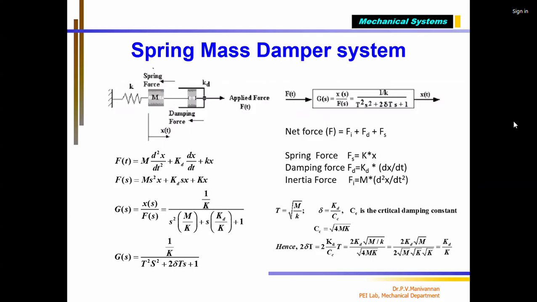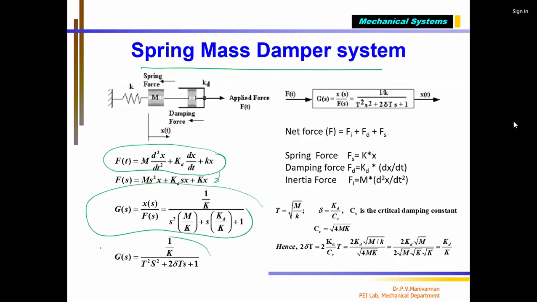Then we saw the spring mass damper system. Three elements are connected, so we are increasing the number of components and the system becomes complex. This is the time domain equation converted to Laplace, so the transfer function can finally be written like this.